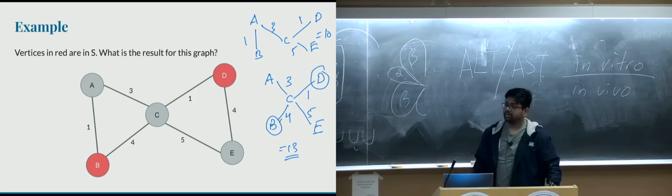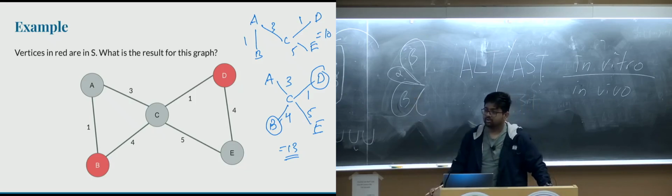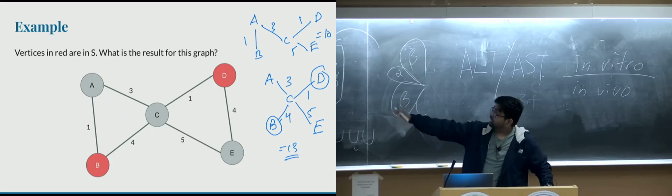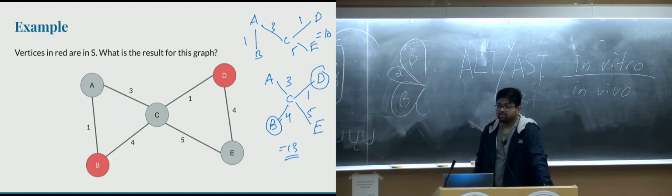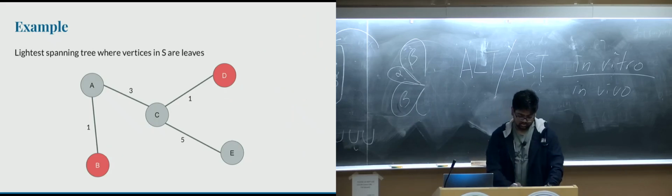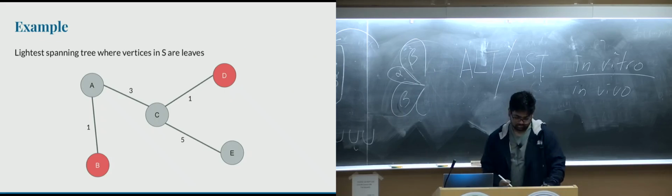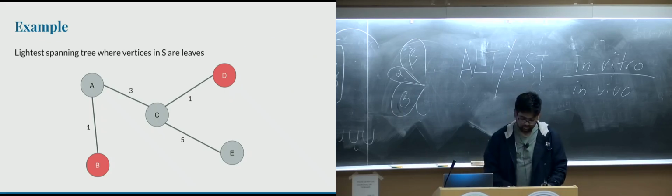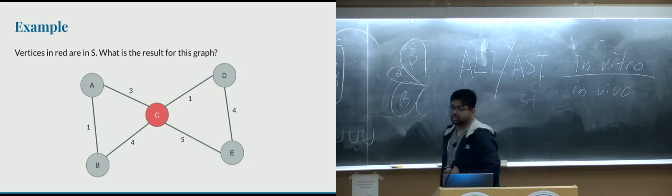So it's better than that, and I don't think we can do anything better than this one. So for this example, that spanning tree will be the answer. I guess this is exactly the same that we just created, right? Yeah. So let's take one more example. What is the solution for this one?